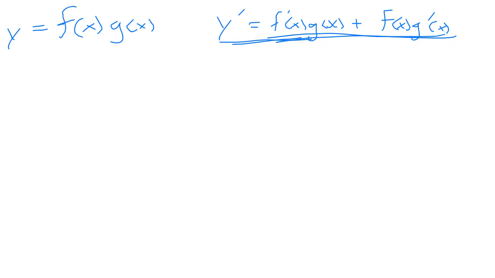All right, so let's start. f of x, g of x, the derivative of all of this is equal to the limit as h tends to 0 of f of x plus h.